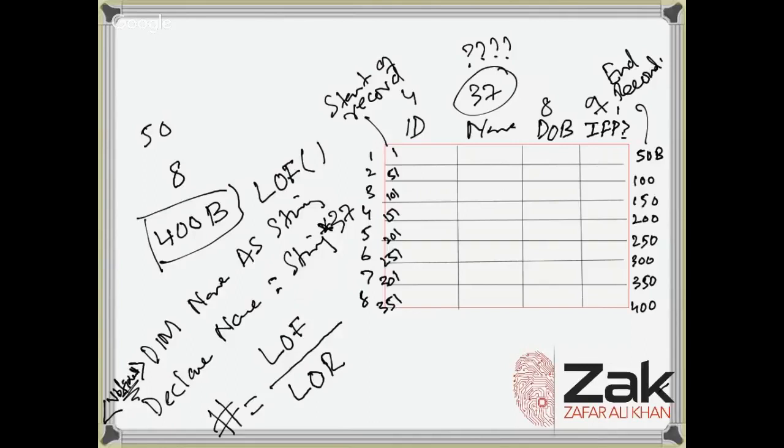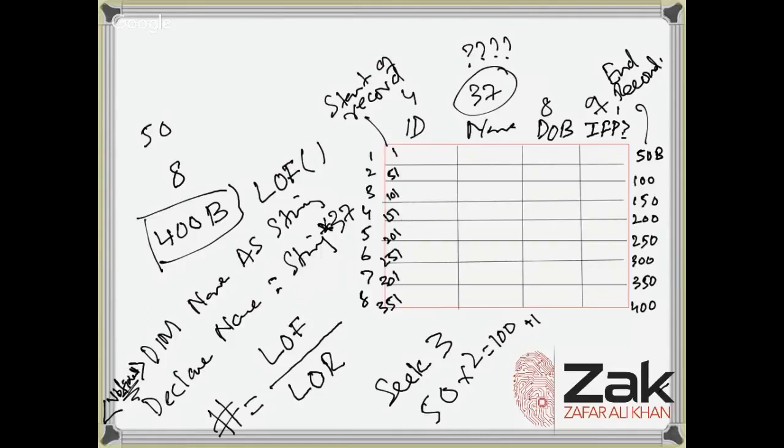Second, if you like to see record number 3, how would you read record number 3? This is the end of record number 2. Plus 1, there we go. Seek 3, done. I'm here. You get that?